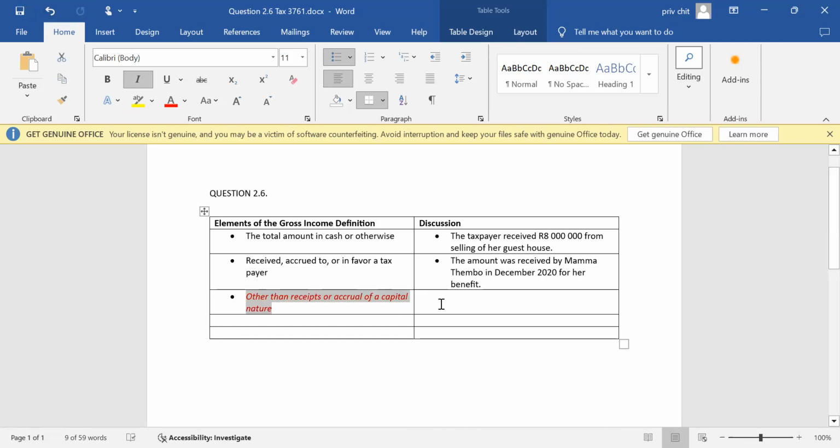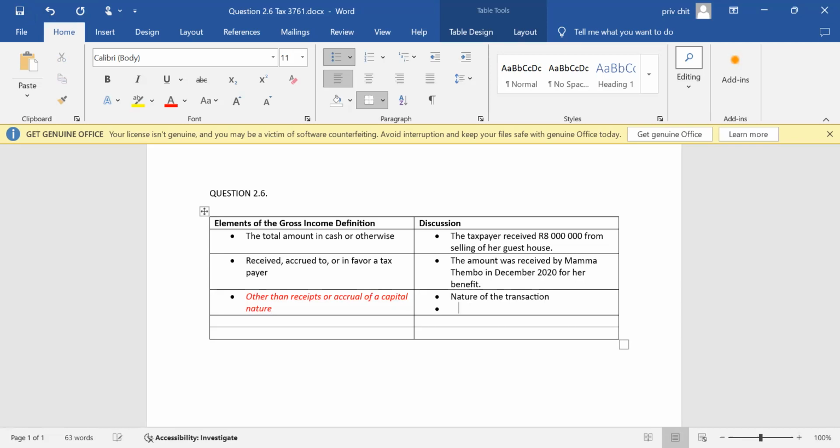When we are trying to evaluate this element, one of the things that you need to discuss in your arguments would be the nature of the transaction. That's one of the elements that you're going to have to discuss. That's number one. Okay. Number two, you would need to assess the intentions of the taxpayer.